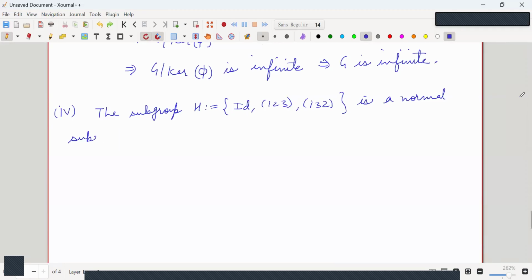This subgroup is basically the subgroup of all even permutations. And we have already seen that the subgroup of all even permutations is a normal subgroup in Sn, not just for S3, for any n. It has order the order of Sn by 2, and hence the factor group will have order 2.